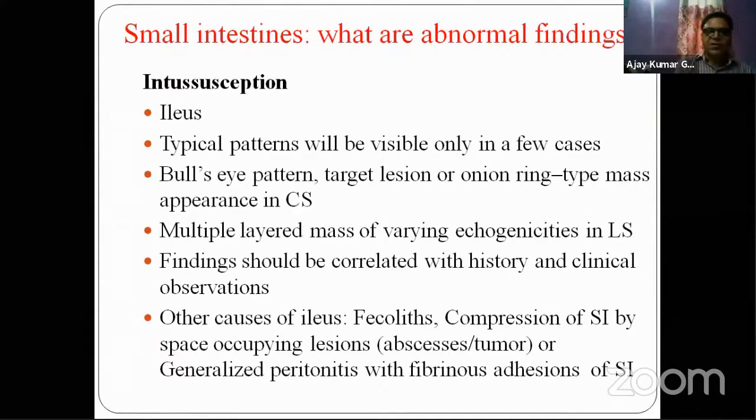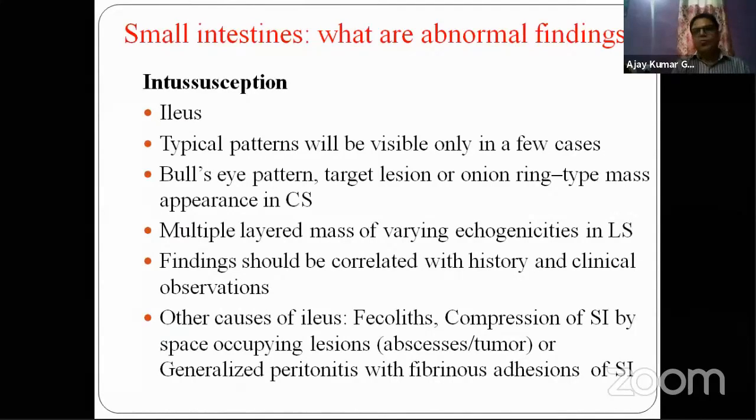However, this typical pattern of intussusception is not detected by transabdominal ultrasonography in most of the cases, because the portion of intestines involved in intussusception may not be within the reach of ultrasonographic penetration.